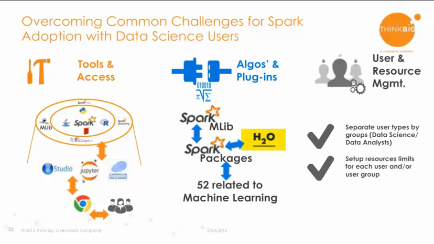If they do, excellent, fantastic, you can leverage those and solve your business problem with these additional plugins. I had a look a few days ago, and there are about 52 related machine learning packages on the Spark package portal. That means that many Spark practitioners are already developing and extending MLlib to incorporate other algorithms, other processes, other methodologies that will help us solve business problems.